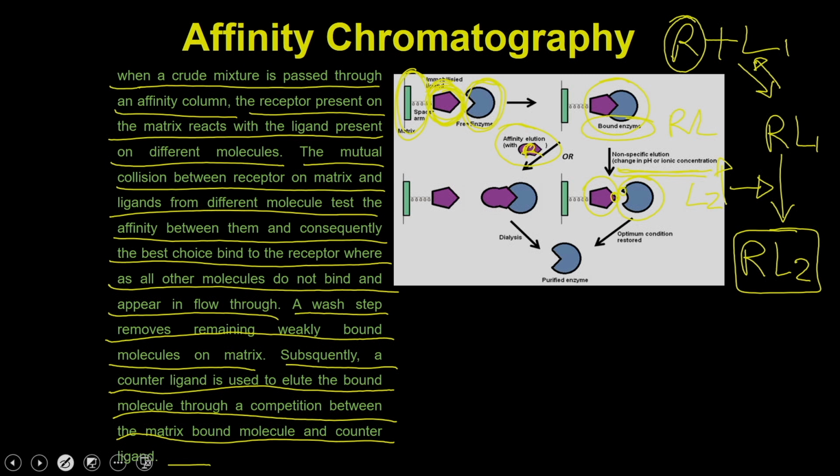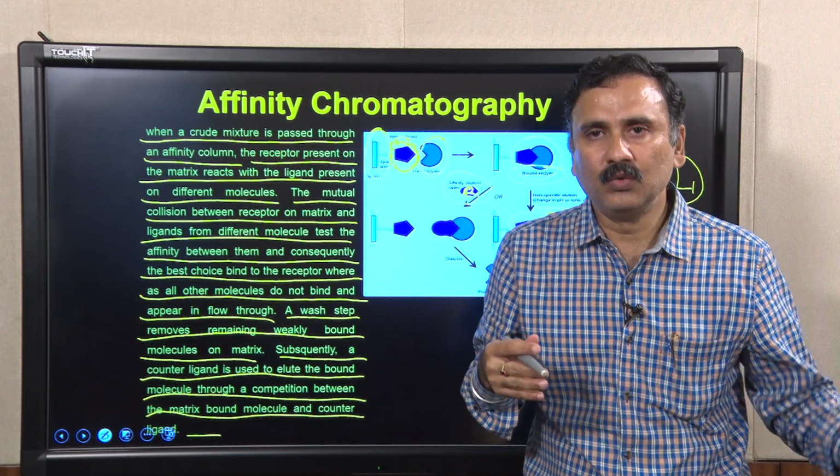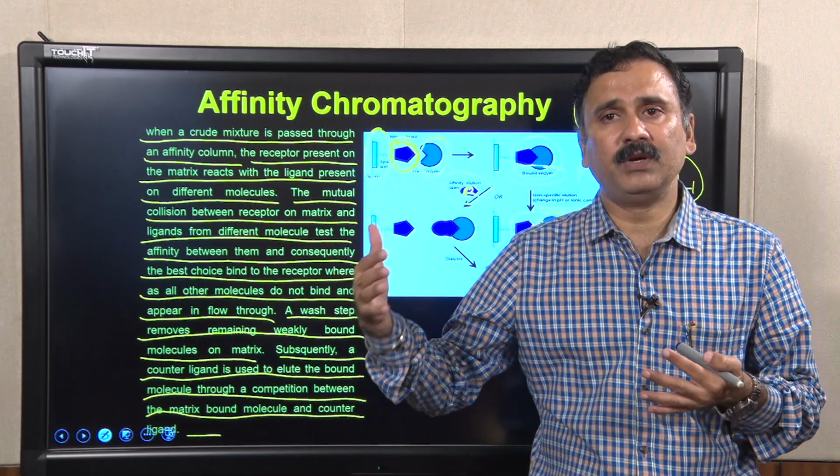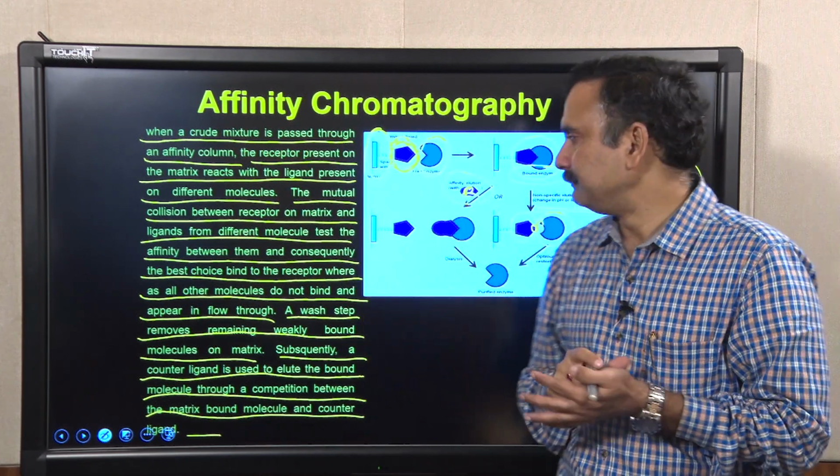If you keep increasing the concentration of L2, the RL1 complex is going to be broken down, and ultimately you will see the formation of RL2 complexes, which elutes the enzyme that was bound to the matrix through the interaction with the ligands.